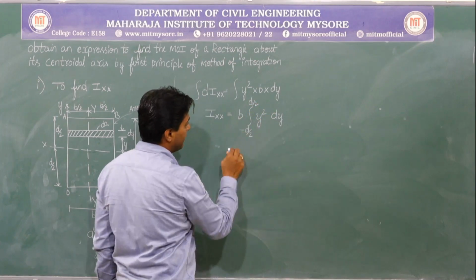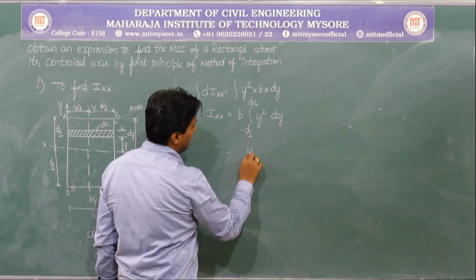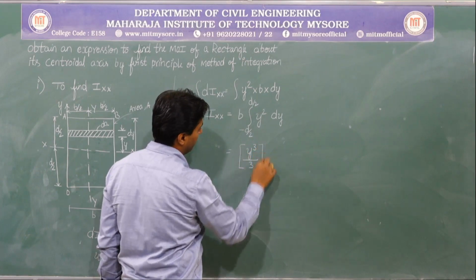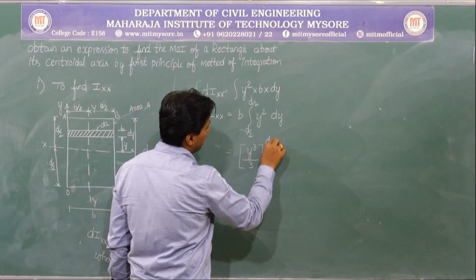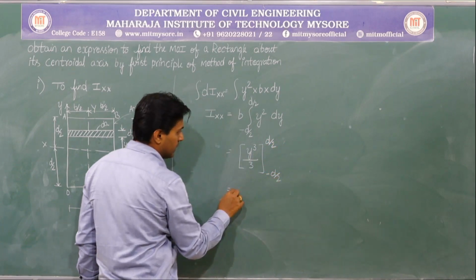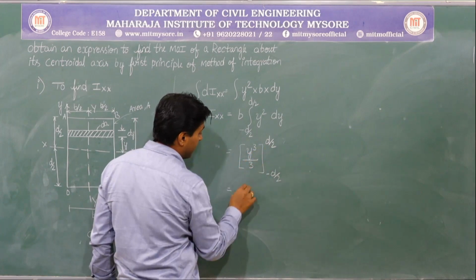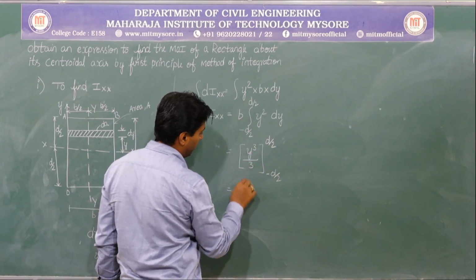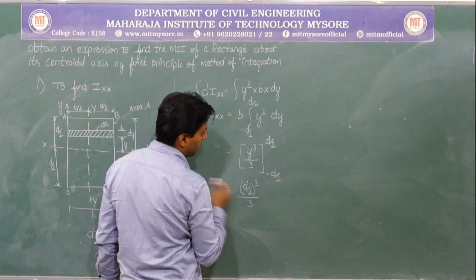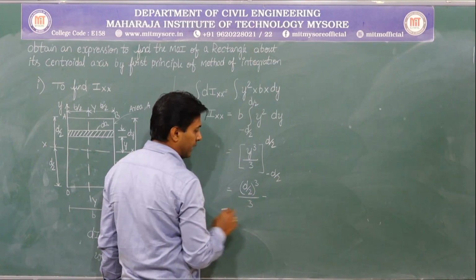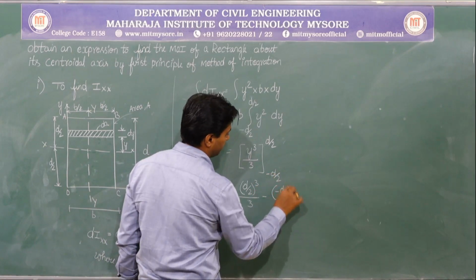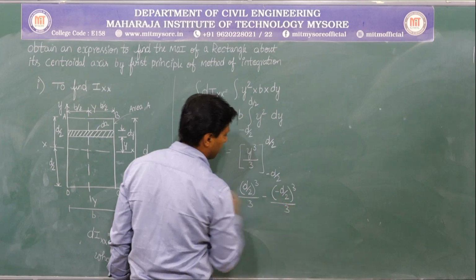Now let me integrate it. The integral of y square is y cube by 3, from minus d by 2 to d by 2. Applying one by one: d by 2 whole cube divided by 3, minus minus d by 2 whole cube by 3.